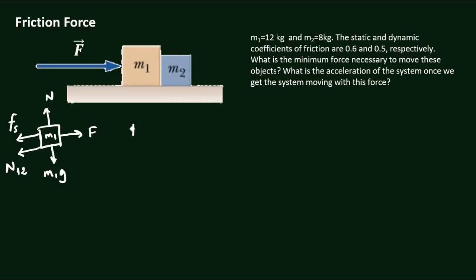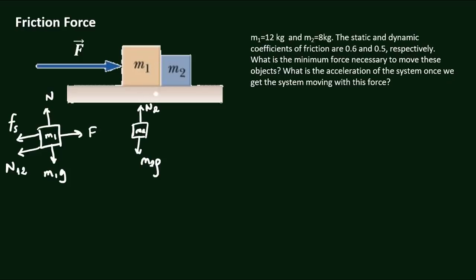Let's start drawing the free body diagram for M2. So we have M2g downwards, N2, the normal force on M2 by the floor. What else? Well, M2 will be moving. With what force?